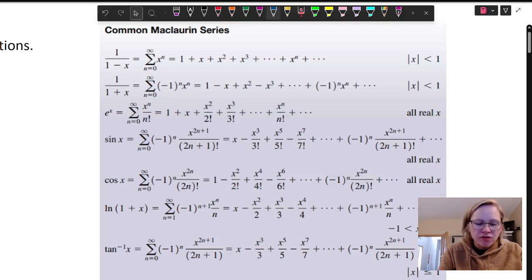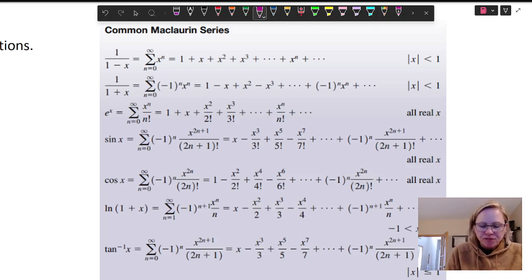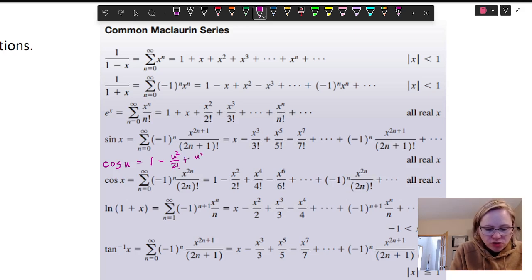And I want us to think of them not as having x's floating around, but I like to think of it as using u as a substitution. So I want us to think of it like this. We've got cosine of u, and that's going to be equal to 1 minus u squared over 2 factorial plus u to the 4th over 4 factorial, and so on and so forth.